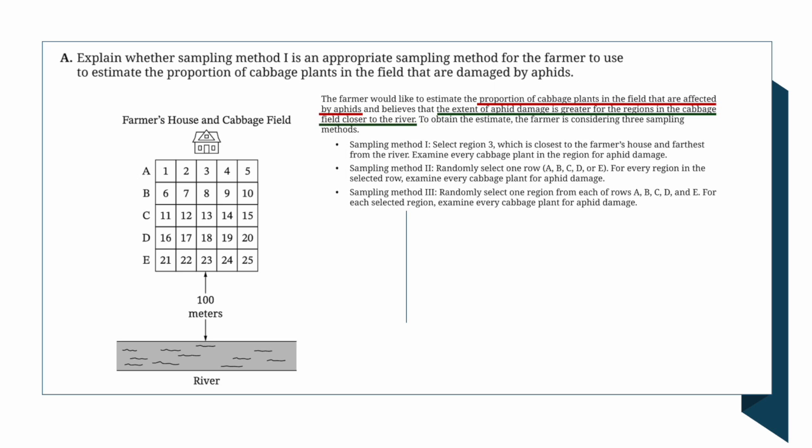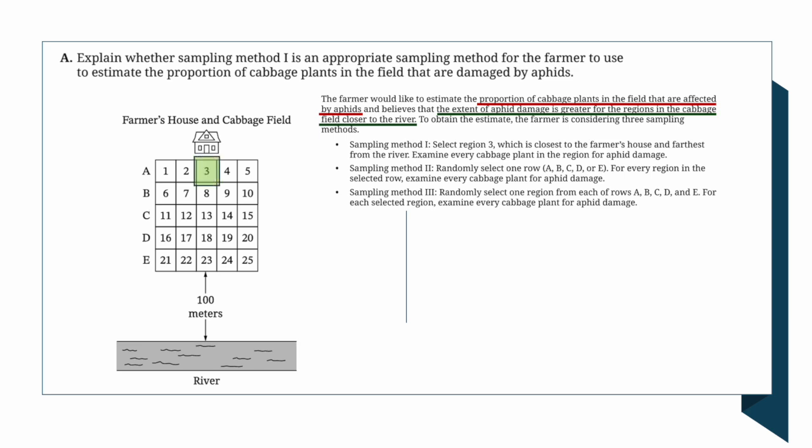Part A is asking, explain whether sampling method 1 is an appropriate sampling method for the farmer to use to estimate the proportion of cabbage plants in the field that are damaged by aphids. Now let's look at sampling method 1. Select region 3, which is closest to the farmer's house and farthest from the river.